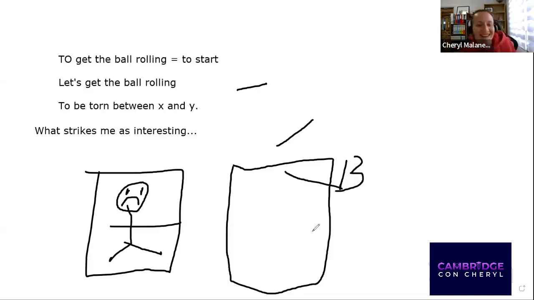So I could say, well, what strikes me as interesting in the first picture is that the guy is surrounded by all his family, but he's really sad. Yeah. So like what I think is interesting about the picture is that the guy is surrounded by his family, yet he's feeling a bit sad. It's maybe not what I expected.